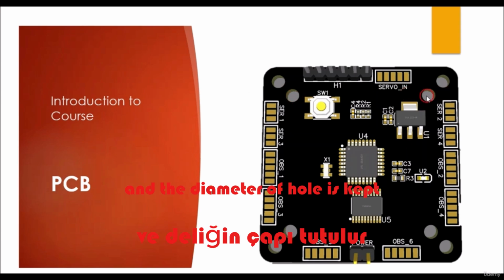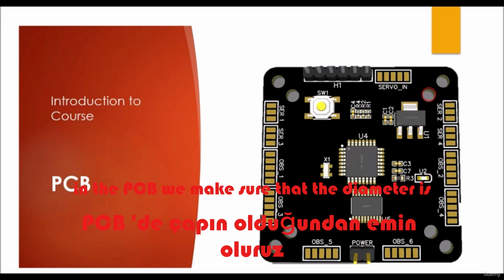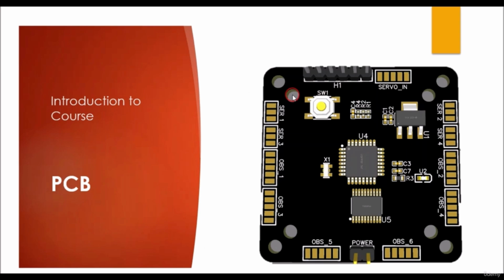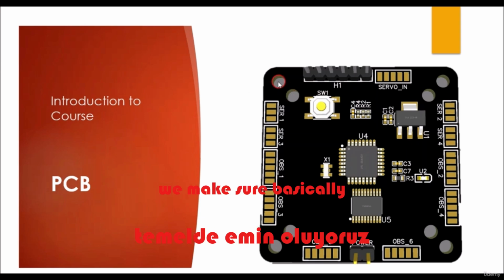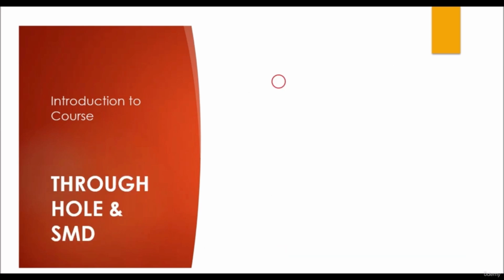And the diameter of the hole is kept according to the screws that we are supposed to use in the PCB. We make sure that the diameter is according to the hole size of the screws.